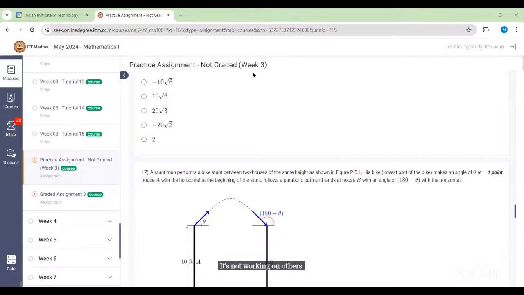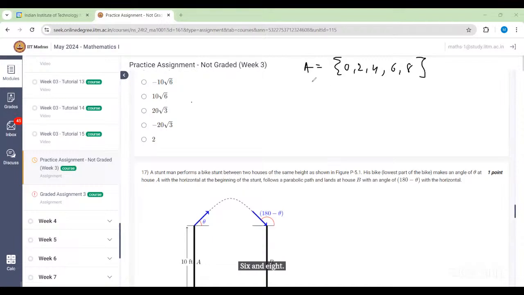My set A is 0, 2, 4, 6, 8. Just one second, I'll share my screen. Share this one only, it's not working on others. So what's your set? 0, 2, 4, 6, and 8.